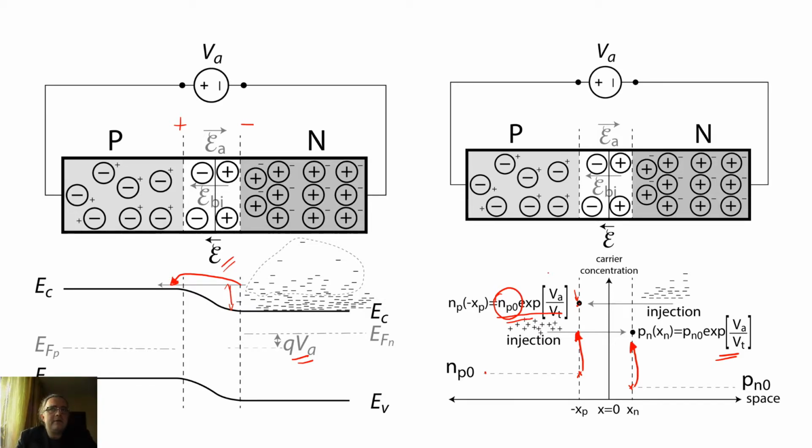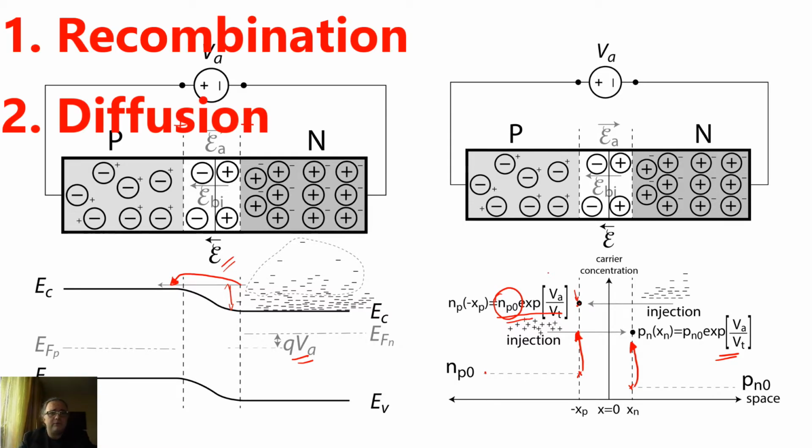The other thing that will happen is that the high concentration of excess electrons injected in the P side material will reduce due to diffusion. There is one point where we inject the electrons and they're in an area with low concentration of electrons, so they will diffuse from this side.